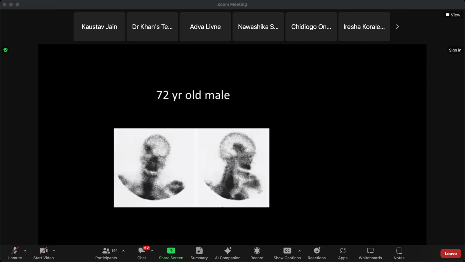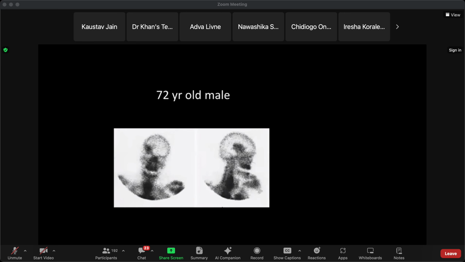Okay, so this is an AP and oblique bone scan of a 72-year-old male focused on the neck and skull. There is a rounded focus of increased uptake in the left supraorbital region. In clinical practice, I would correlate with a plain film.